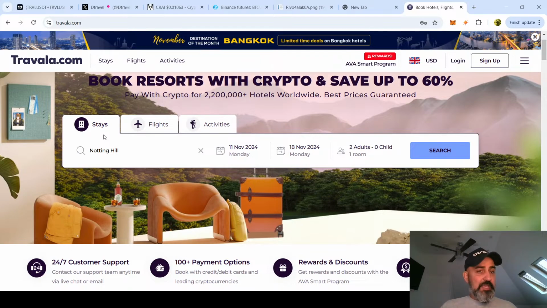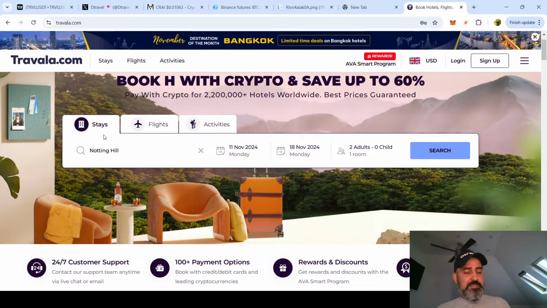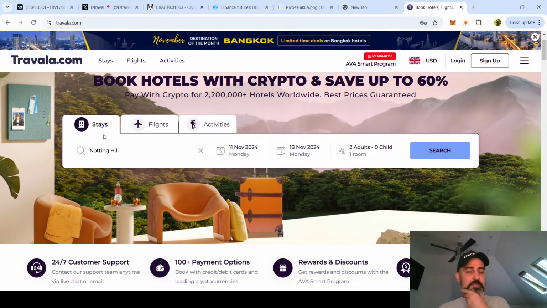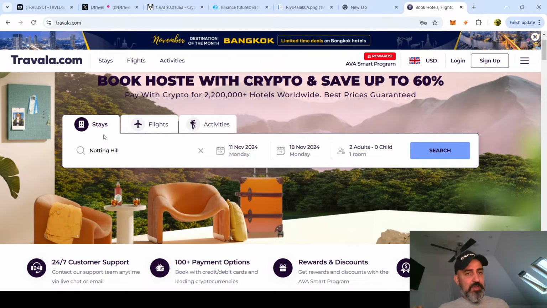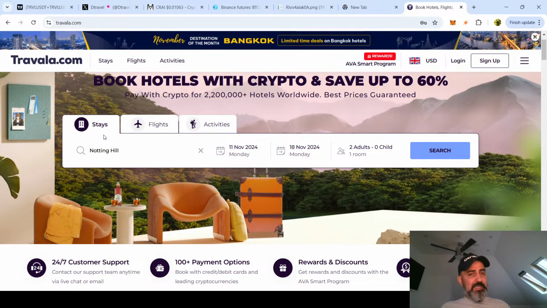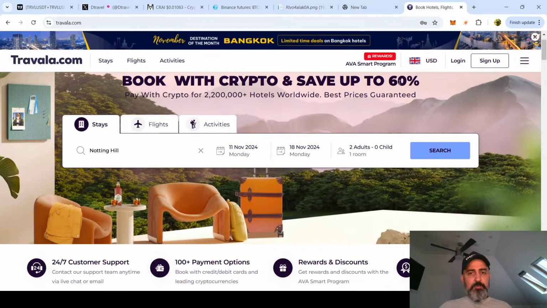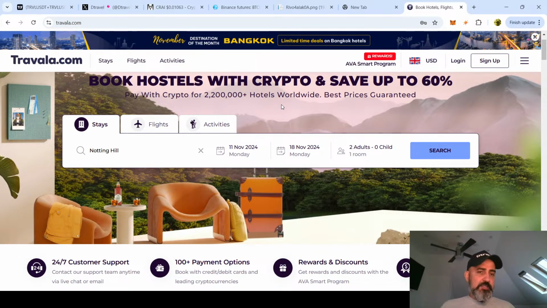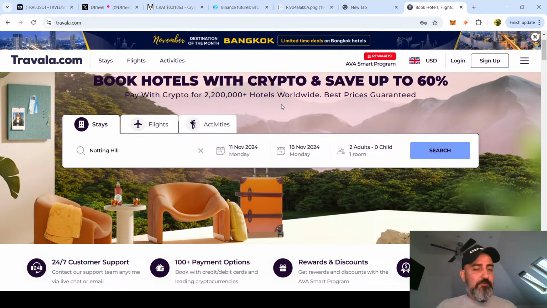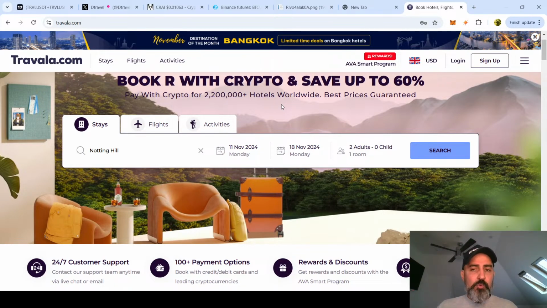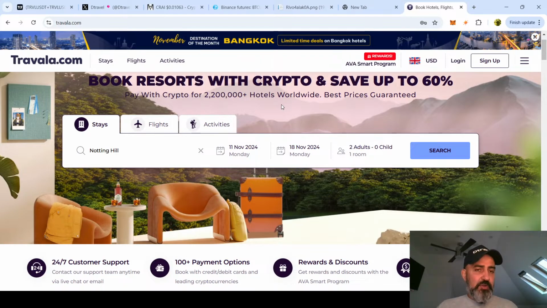So they thought maybe it's a good idea to create something new. Most of the people involved in Travala are also Web3 purists, and Travala is not a pure Web3 business or application. It's Web2, but it uses some aspects of Web3 for payment and for the rewards program. They wanted to create a pure Web3 project, and that's where Dtravel came from.